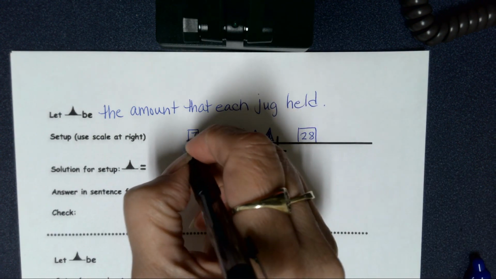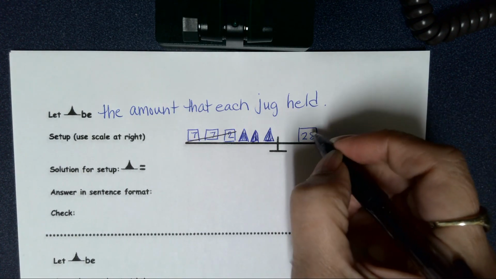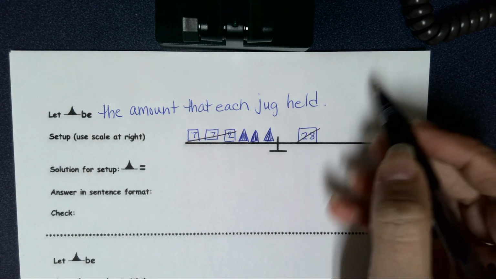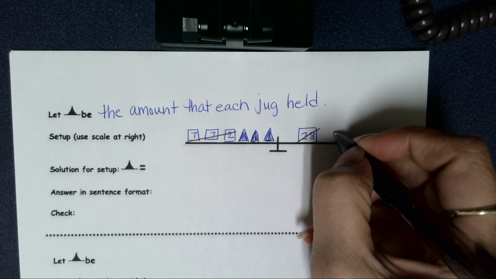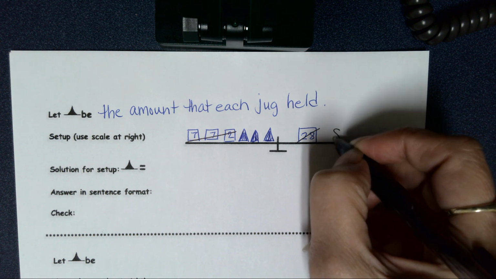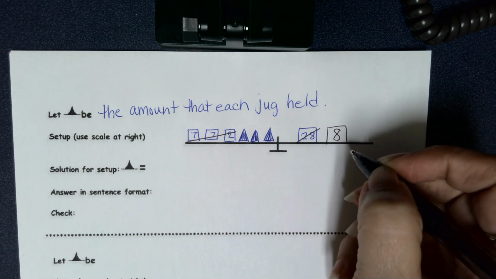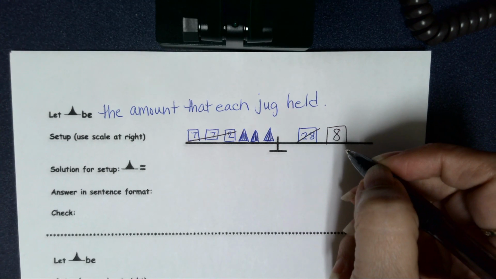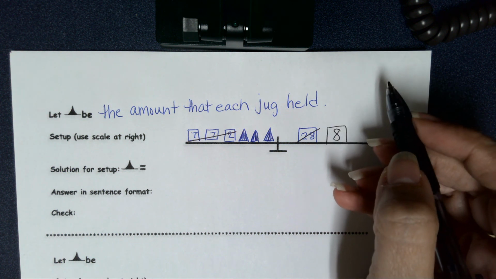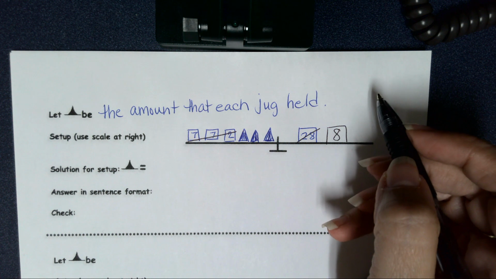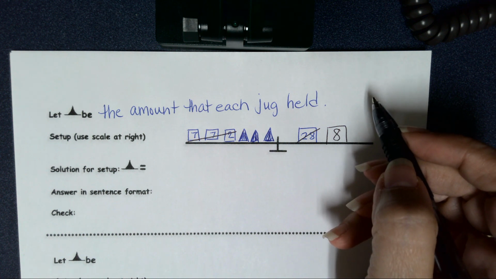So we're going to take away this 16, and then we're going to take 16 away from 28, and 28 minus 16 gives us 8.